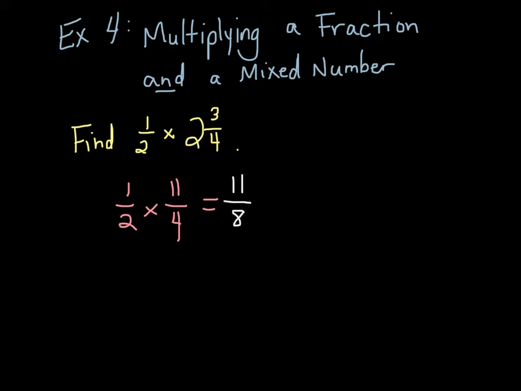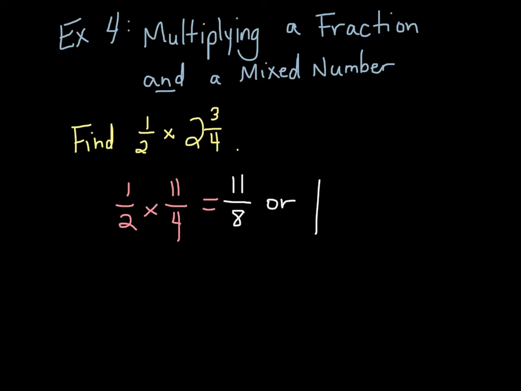And just like we mentioned at the beginning of this video, if you find yourself in a situation where you have an improper fraction, you're going to have to go ahead and make that into a mixed number. And you do that by finding out how many times your denominator can go into your numerator. So in this case, 8 can go into 11 1 whole time, and that's going to become your whole number part of the mixed number.